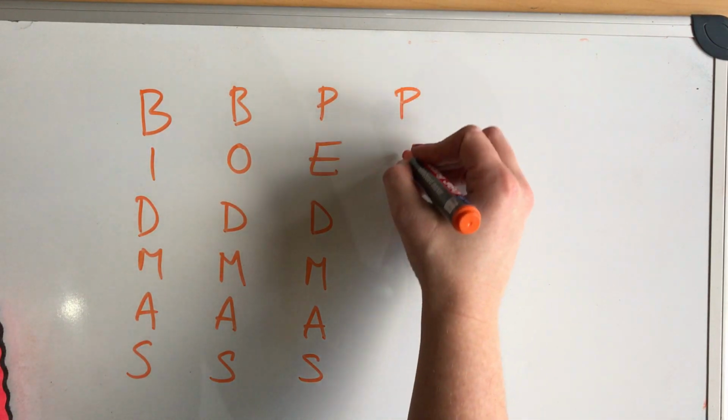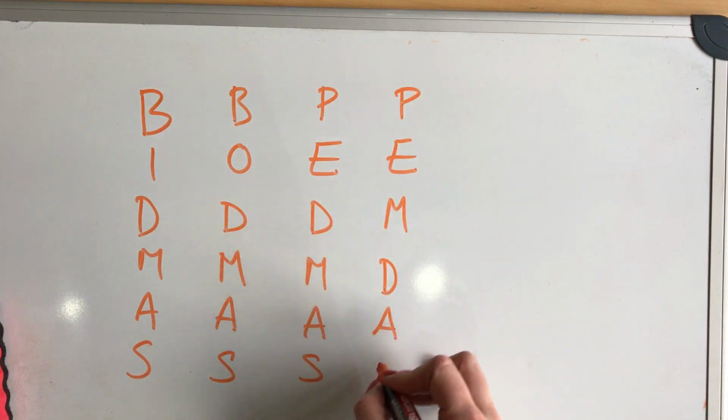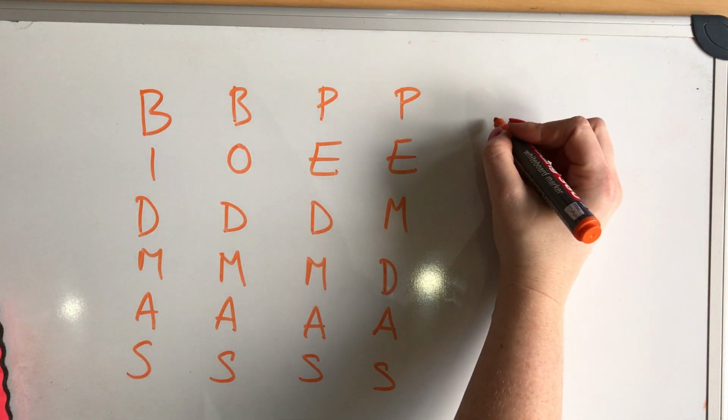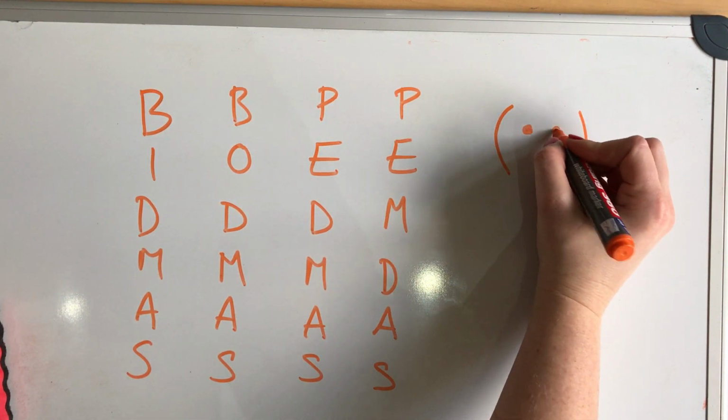Or even in America, they do PEMDAS. Now, I think the best thing to do is you can either learn one of these acronyms or just remember my little face.